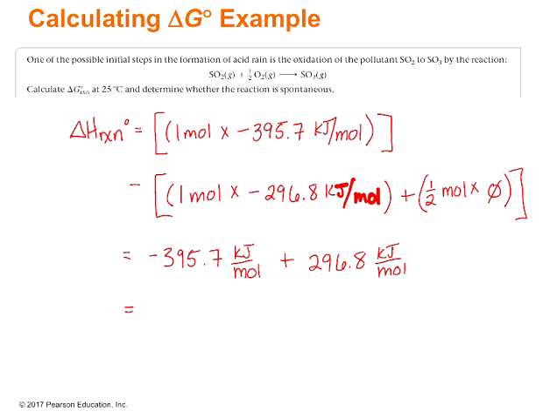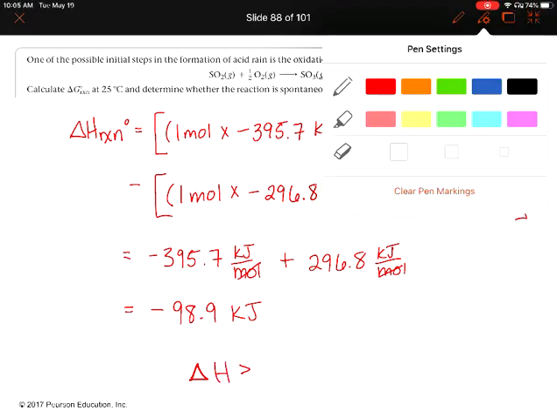All right, so we actually end up with a value of negative 98.9 kilojoules. Moles canceled earlier, so we can get rid of that unit. All right, so this means that this is an exothermic reaction. So delta H is greater than or less than 0.